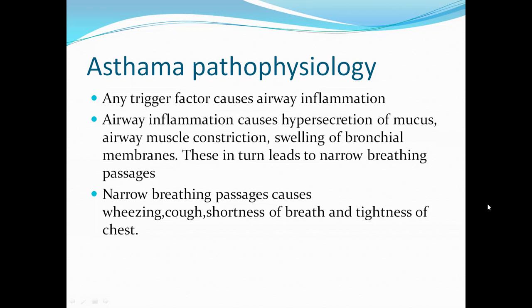This airway inflammation in turn causes hypersecretion of mucus. The mucus is secreted more and more in the airways. Because of that, airways will be blocked and it results in airway muscle constriction. It also causes swelling of bronchial membranes.